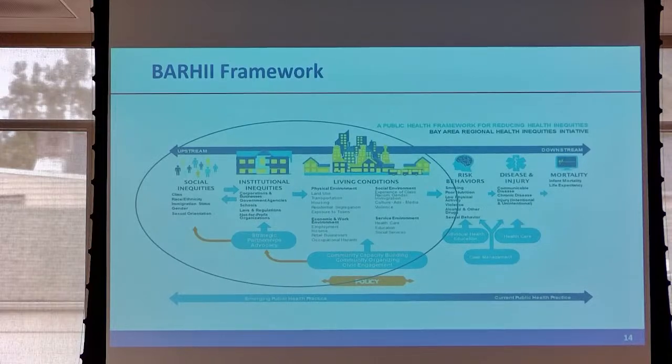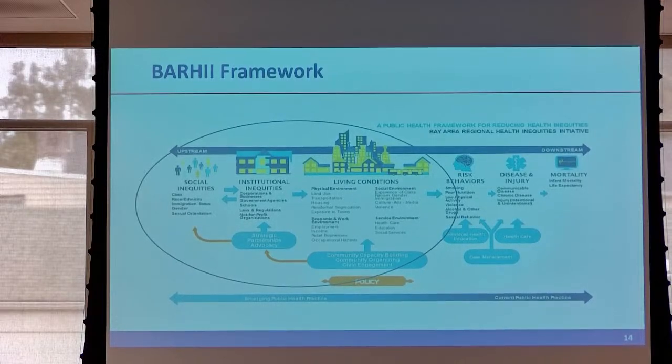So this framework lays it out in a way that I think is very helpful because it helps you see social and structural determinants of health, and the types of things that go from downstream to upstream, underpinned with policy all across the board. Even for downstream activities, there can be policy related to how we do a well child visit that brings in more justice and is more equitable.